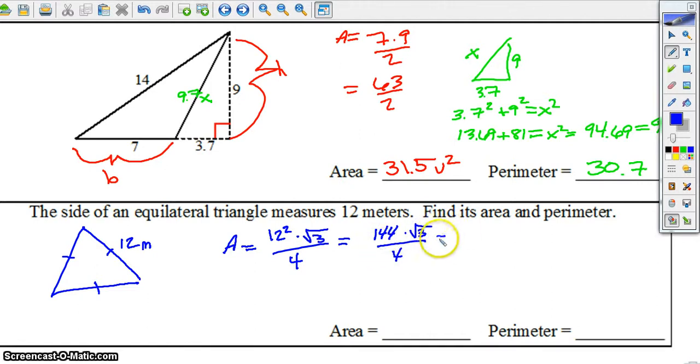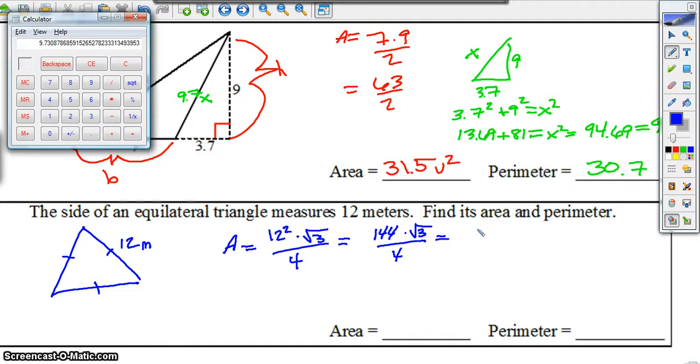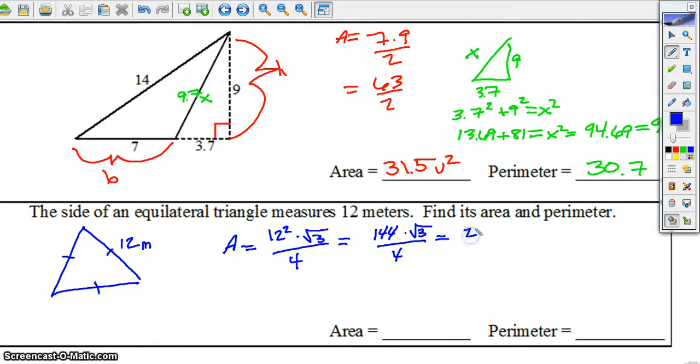So now let's figure out 144 times root 3. I'm going to find the square root of 3 first, and then multiply that number, not cutting off any decimals, times 144. And we get, we'll say, 249.4. Then we're going to take that number and divide it by 4.